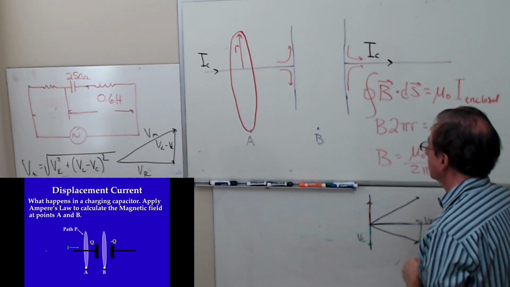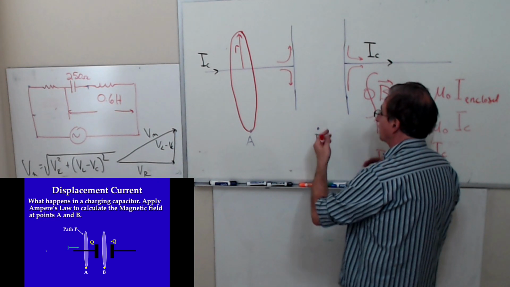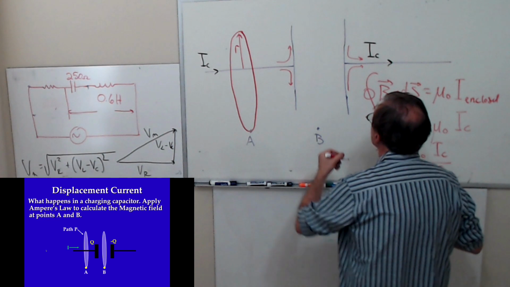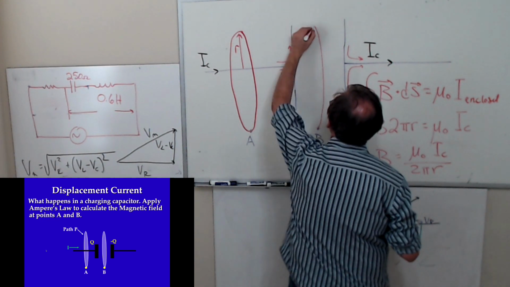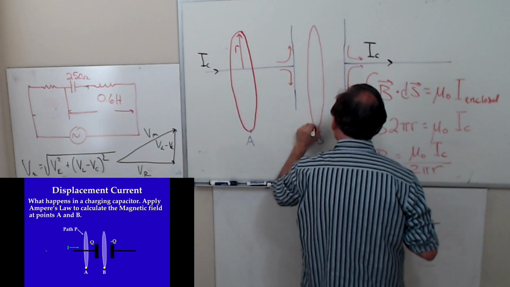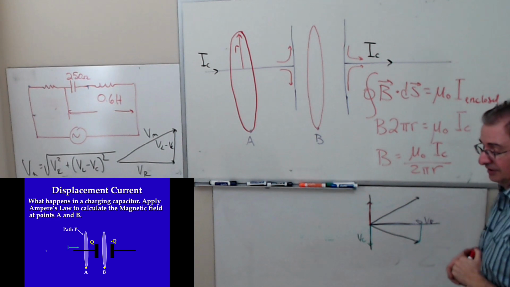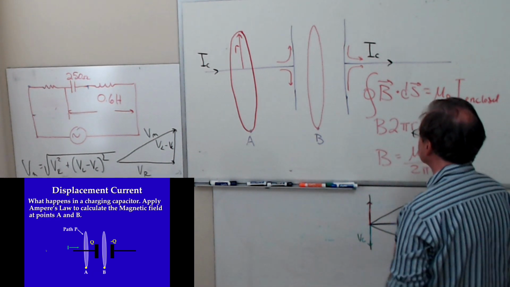And so you would say, okay, I know there's going to be a magnetic field here, but what if I draw my loop, and what is I enclosed? It's 0. Yeah, I enclosed is 0.